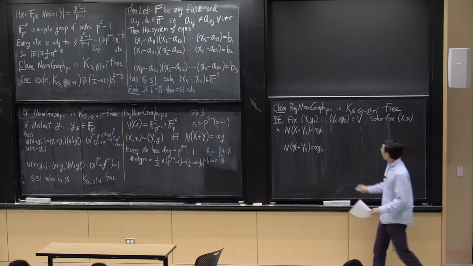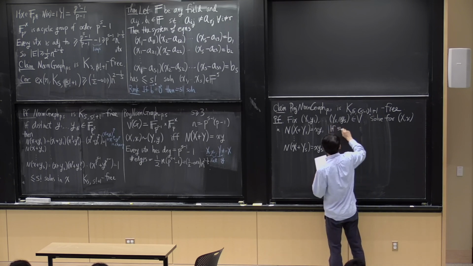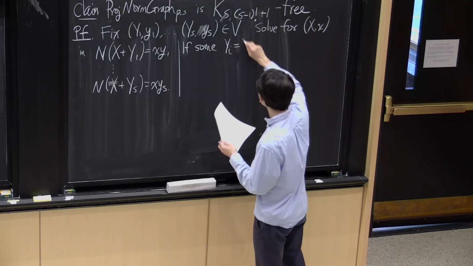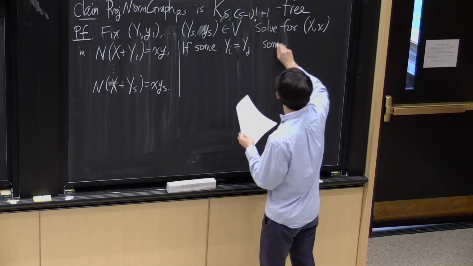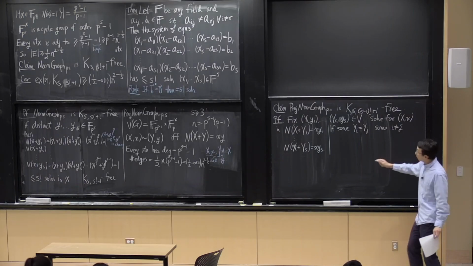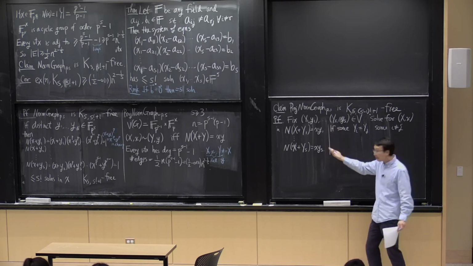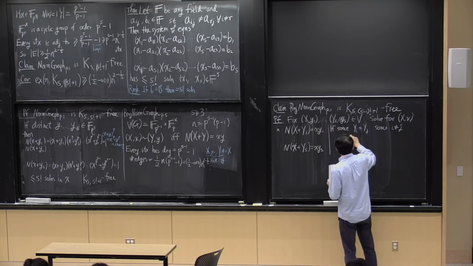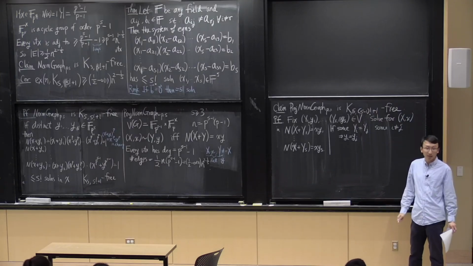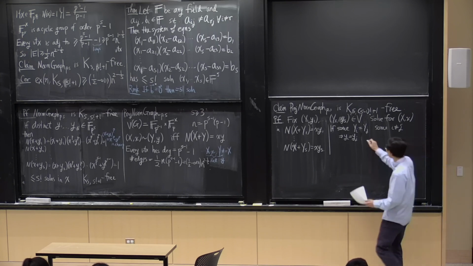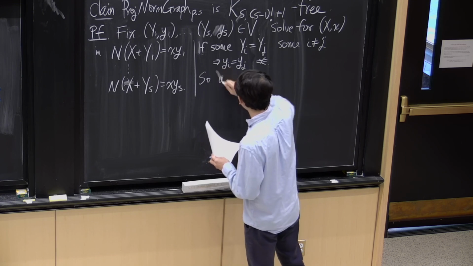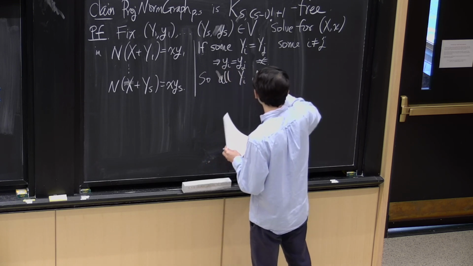Well, first of all, if some pair of first coordinates, big Y_i is equal to big Y_j, then if you have a solution, that forces little y_i to be the same as little y_j, and so the vertices wouldn't have been distinct to begin with. So this is not possible. So all the big y's are distinct.